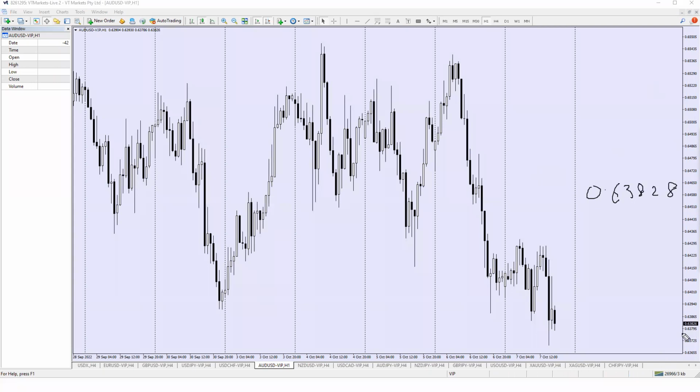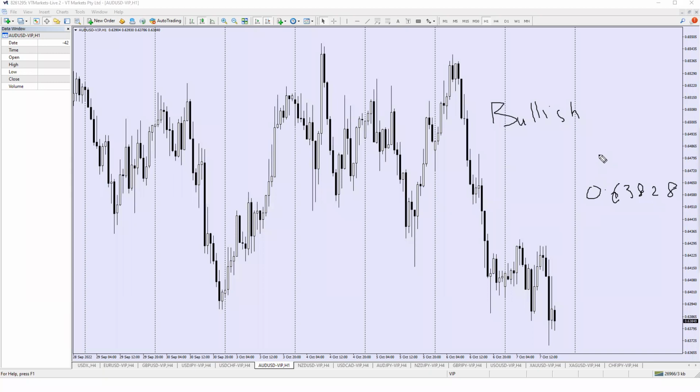Okay, so it's moving right now. Let's just say the report says, when price comes to 0.63828, look for bullish patterns.